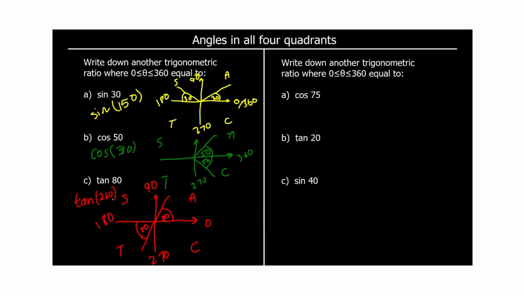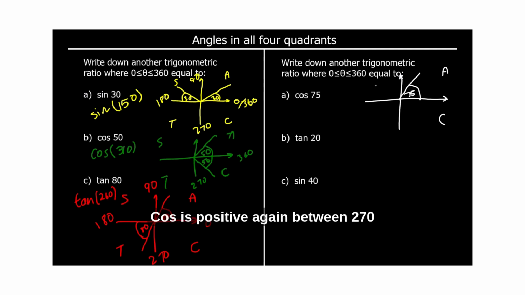Three for you to try. Pause the video and give them a go. Write down another trigonometric ratio equal to cos 75. So 75 degrees, that's the acute angle. Cos is positive again between 270 and 360.